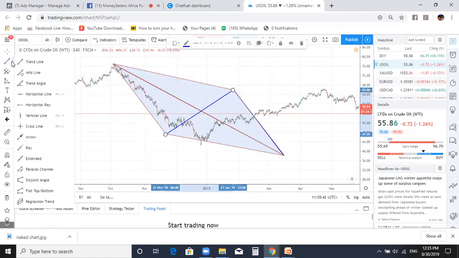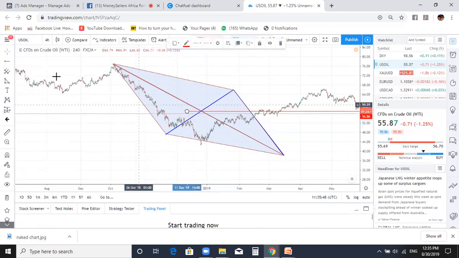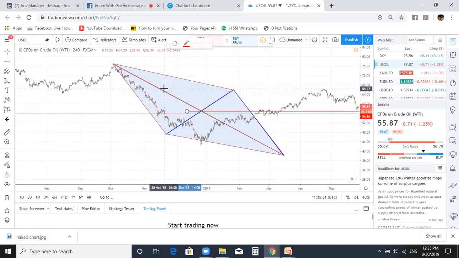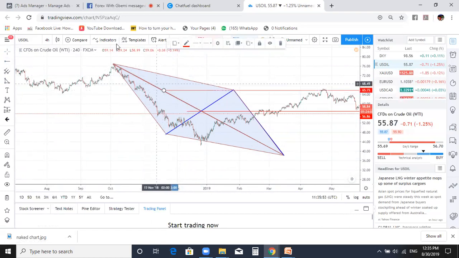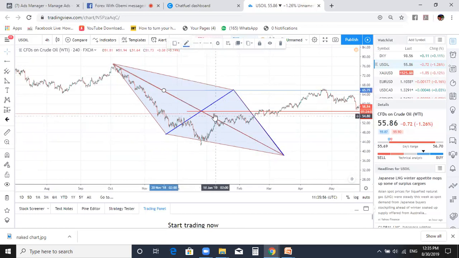So all this I am drawing, I have not used any indicator. They are just lines. They are just drawing tools. So this one is my take profit one, this is my take profit two.